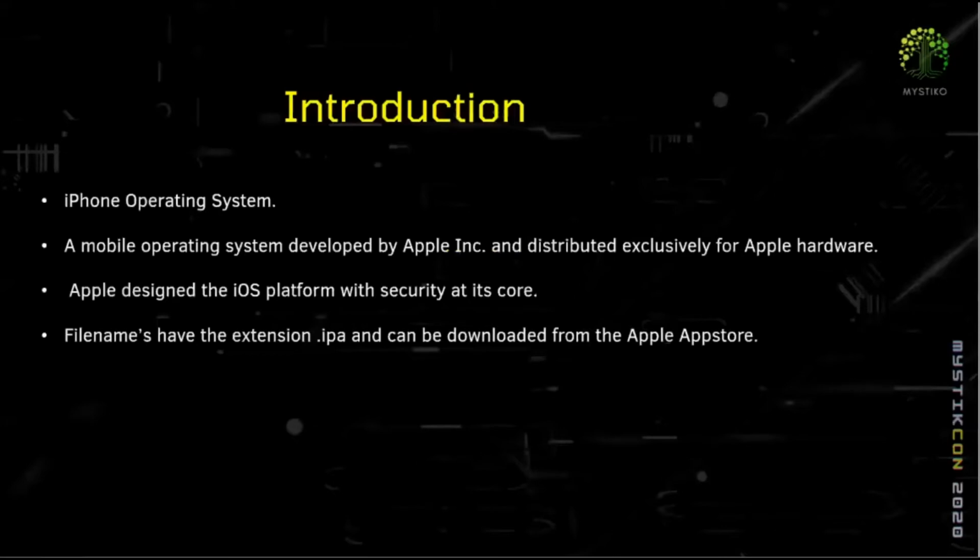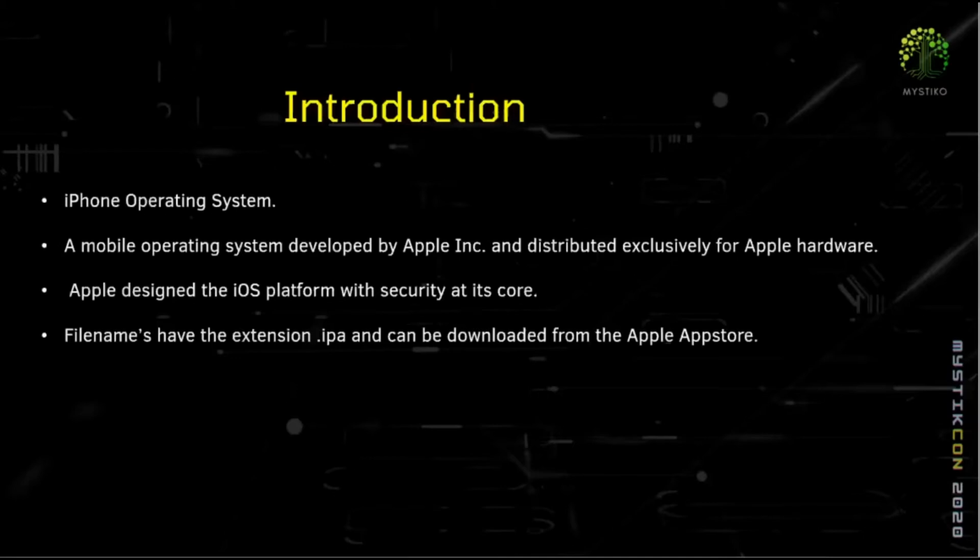Every Apple iOS app file has the extension .ipa and can be easily downloaded from the Apple App Store. It's like Android, where you have a .apk file. Similarly, for iOS we have .ipa, which is nothing but a zip file.